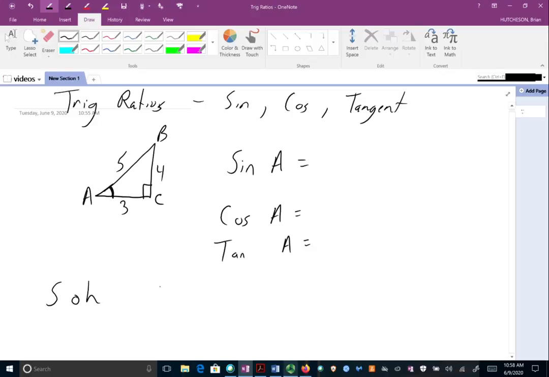I've heard a lot of different ways to memorize this, but like SOHCAHTOA. I don't know, it just works well for me. It works well for most people out there.